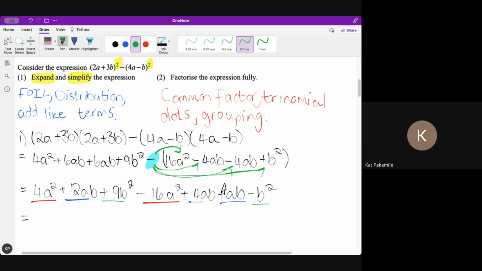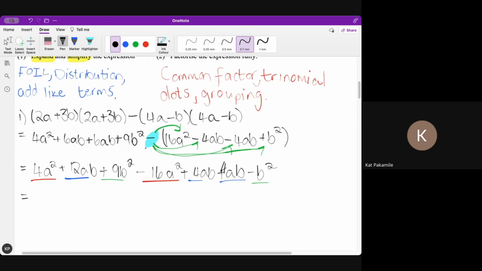So let's get adding. What is 4A squared minus 16A squared? Negative 12A squared. Integers: 12AB plus 4AB plus 4AB.